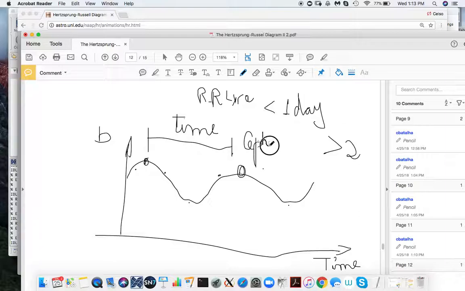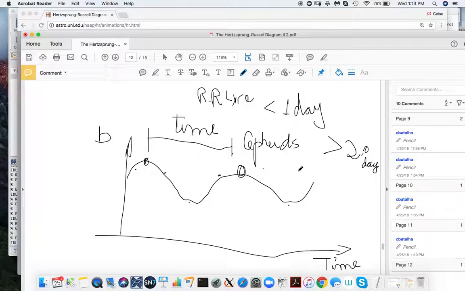Cepheids. Okay, this is 2 days, 1 day. So what does this tell us? Well, it tells the following.